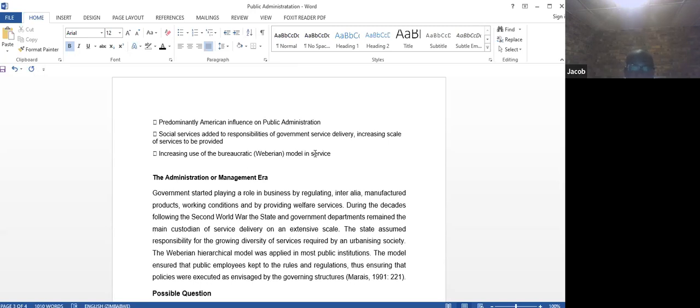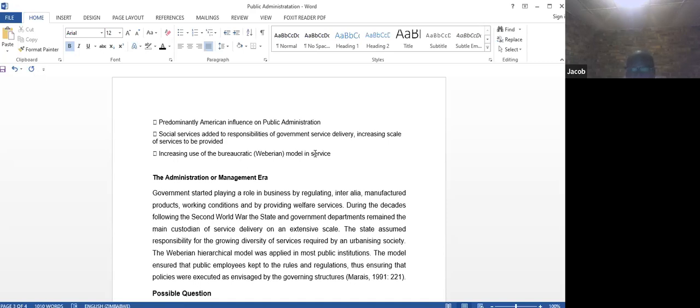The government started playing a role in business by regulating manufacturing products and working conditions, and by providing welfare services during the decades following the Second World War. Here the government realized that it cannot keep the sole mandate of being the custodians of public administration.